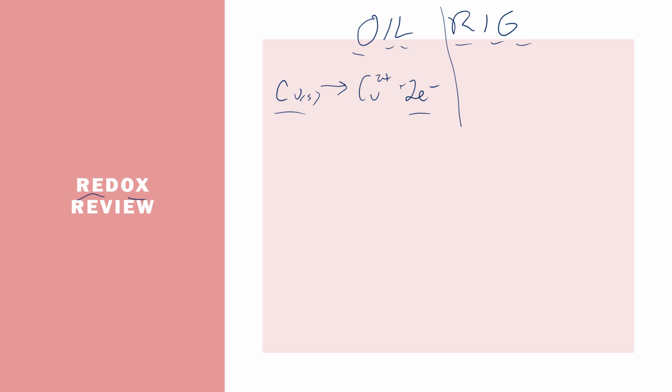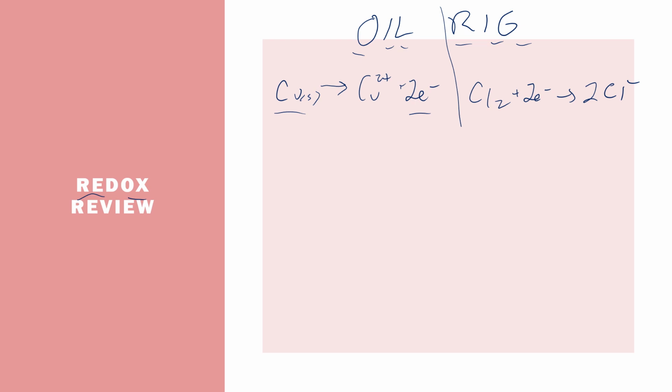An example of reduction would be something like chlorine attracting 2 electrons to form 2 chloride ions. So the chlorine here is gaining 2 electrons, so this is a reduction reaction.